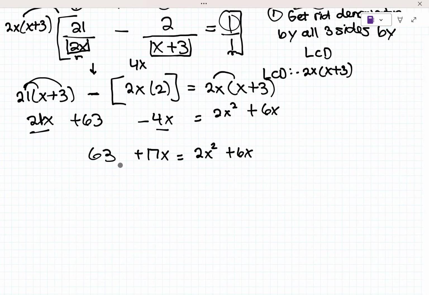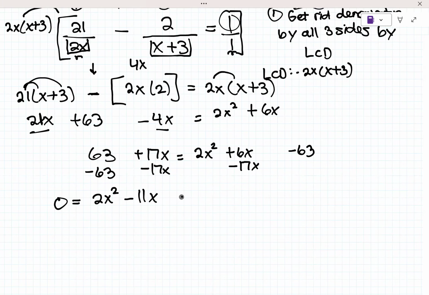Now what I'm going to do is get everything to the right. So I'm going to subtract 17x, make sure it's aligned with the 6x, and then subtract 63. So you get 0 equals 2x squared, with 6 minus 17, negative 11x, and then you have negative 63.